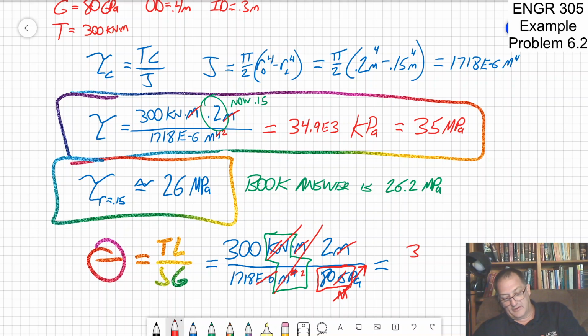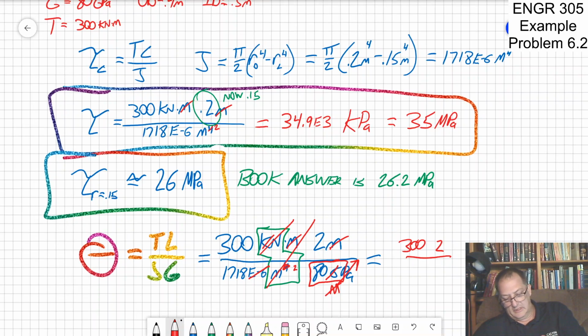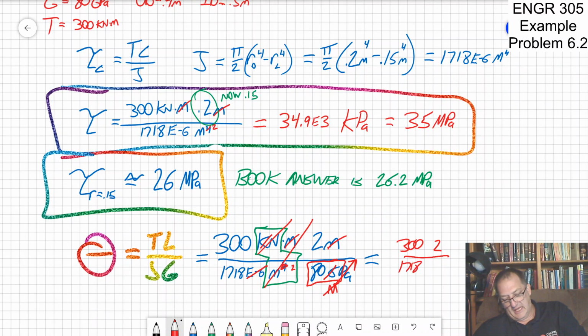So now I've got 300 times 2 over 1718 times 80. Do I have any units at all? No, because I'm in radians. So that's pretty cool. I can multiply that out.